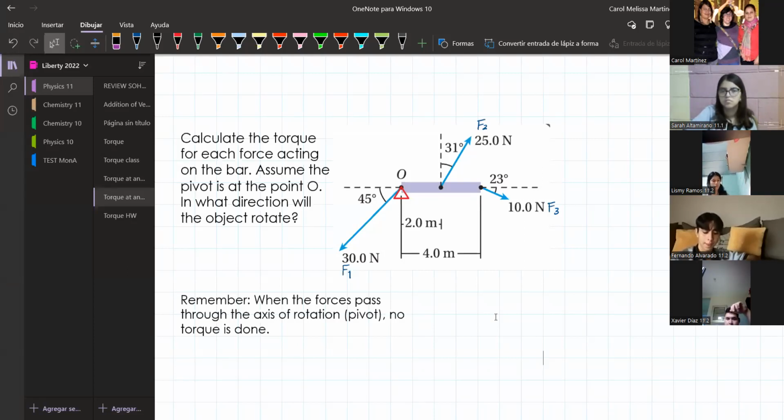So take a look at this force. I know, wait. I have a problem with the iPad, I don't know. I have to restart the app.